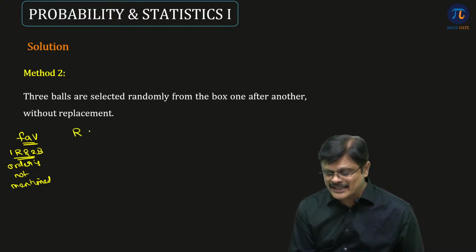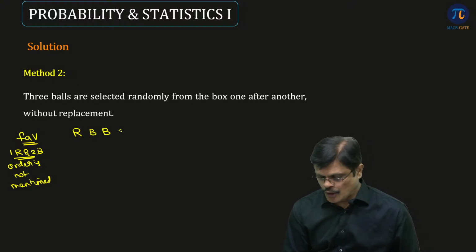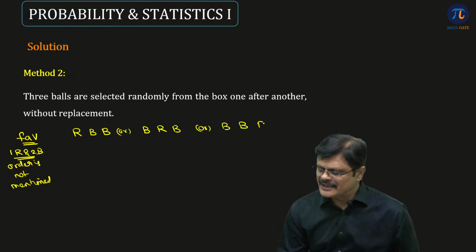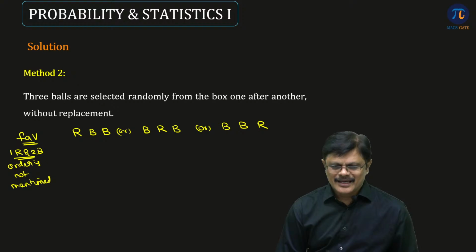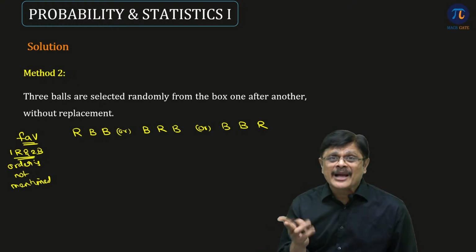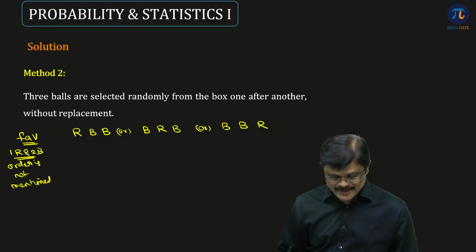First red ball is selected, then black is selected, then again black is selected. Or first black is selected, then red is selected, then black is selected. Or first black is selected, again black is selected, then red is selected. These are the 3 cases. So 1 red and 2 black balls can be selected in these 3 ways, my dear friends.